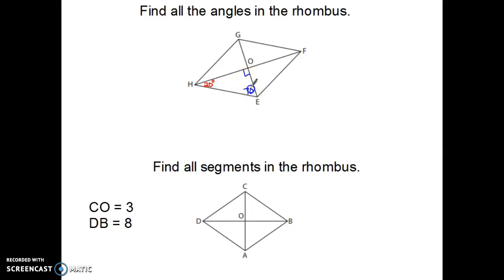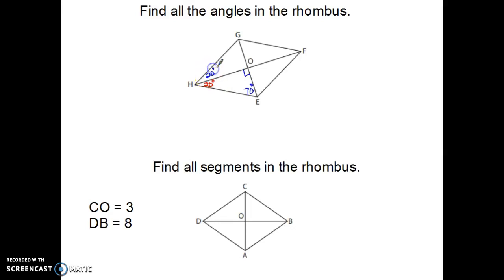It's a right triangle, so I can find my missing angle is 70. Another property for the rhombus is that the diagonal lines are angle bisectors. That means this angle of my original rhombus is being bisected by segment HF.